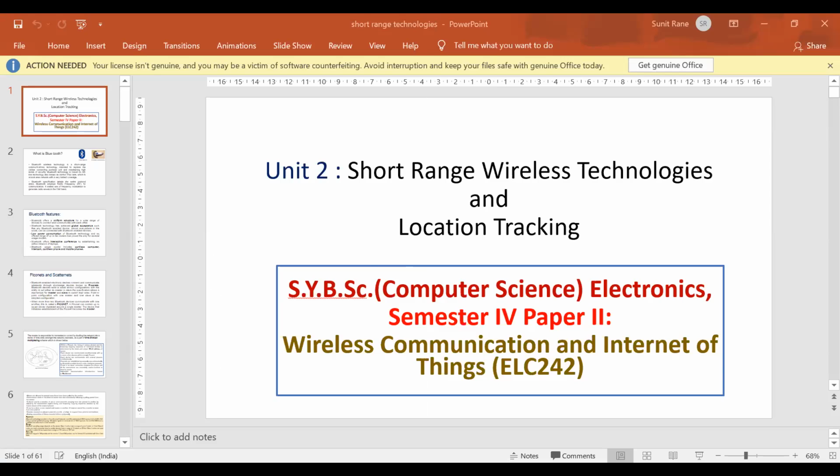Okay. So we have to start with chapter number 2 of paper number 2. Chapter number 2 of paper number 2 is short range wireless technologies and location tracking.